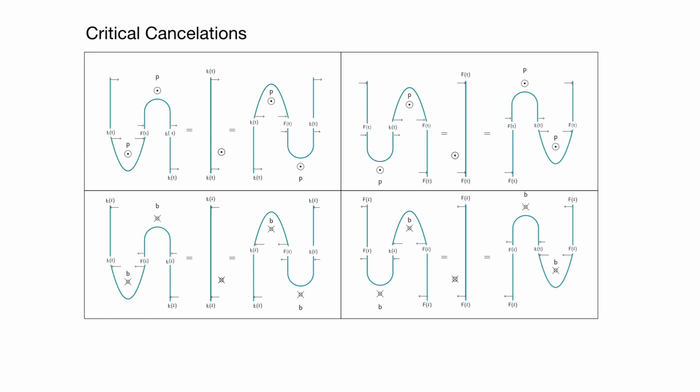And so on the left-hand side of the slide, we have the positive birth canceling with a positive fork, or a positive saddle canceling with a negative death. That's easy to remember. Death in the saddle, birth at the fork.